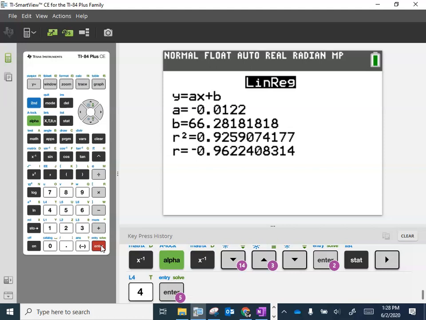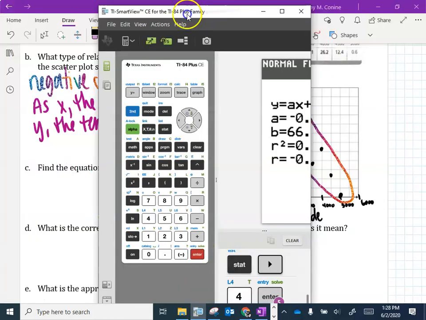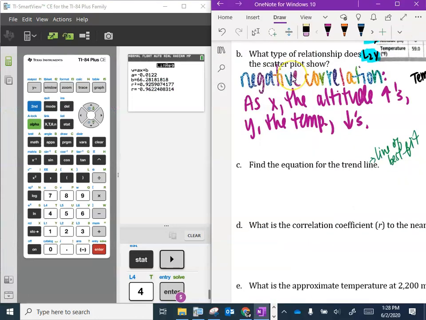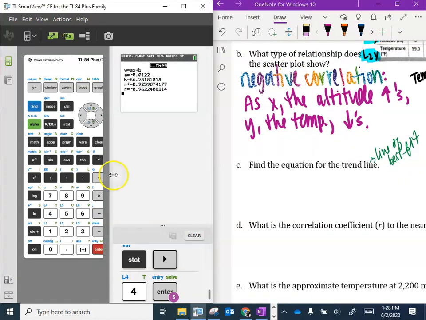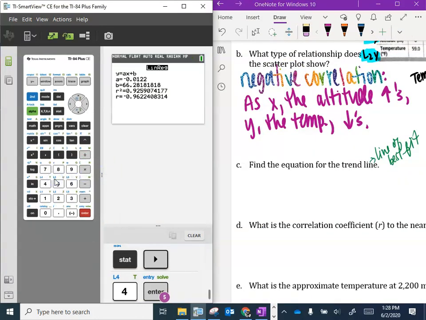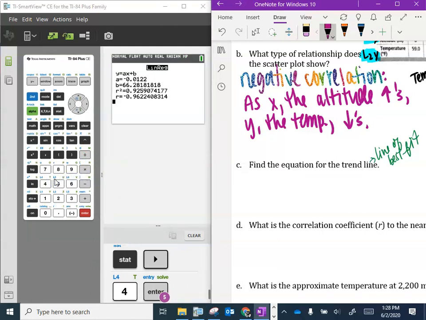So for our calculator, for our equation, for our trend line, we've got A and B. A is really your slope. So here we can say negative 0.0122x plus 66, and we'll go to the thousandths place, so 0.282.